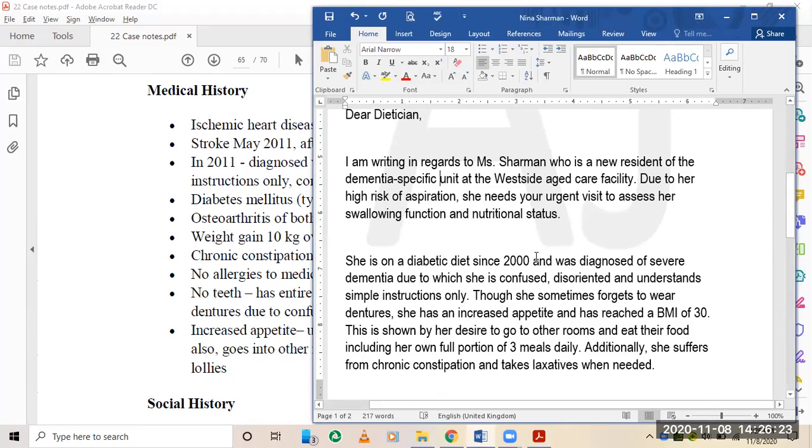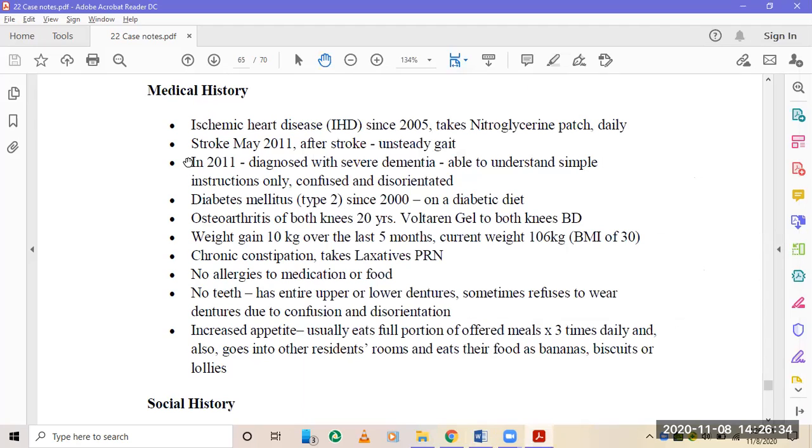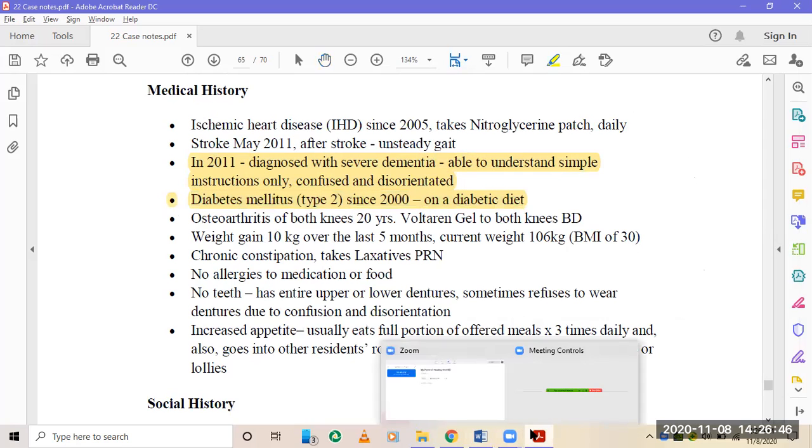She is on a diabetic diet since 2000 and was diagnosed with severe dementia, due to which she is now confused, disoriented, and understands simple instructions only. So this part that you see here, diabetic diet, and this much, all these parts have been added there.